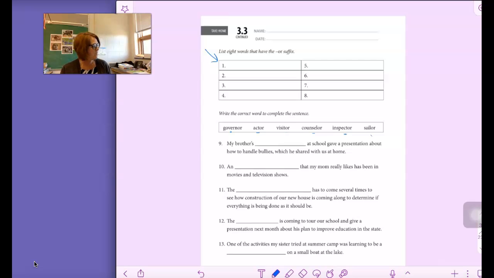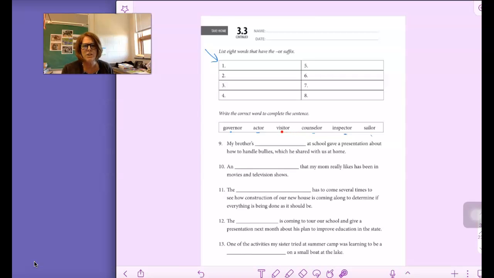I want to look at number 11 and 12 with you. Number 11 says, the blank has to come several times to see how construction of our new house is coming along to determine if everything is being done as it should be. Well, I don't think a governor would come check on our building progress. I don't think an actor would. A visitor.